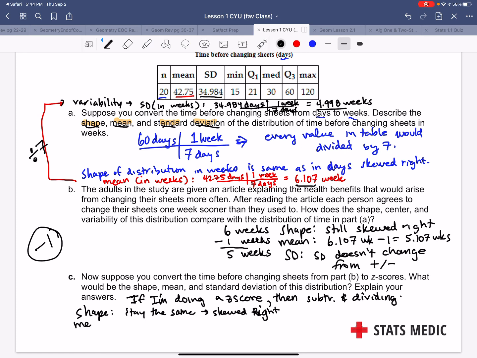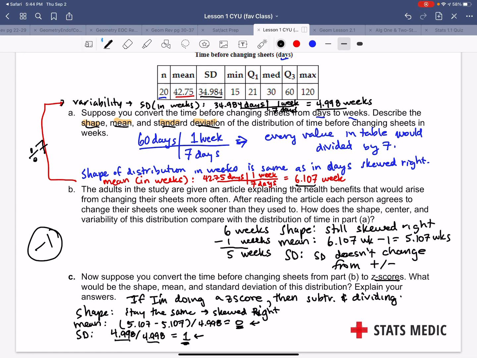Our mean would automatically go to 0 because we take the mean minus the mean and we divide by the standard deviation. So that would just be 0. The mean is always 0 when we use z-scores. And the standard deviation, what would happen? We'd take our standard deviation and divide by our standard deviation, and you'd always get 1.